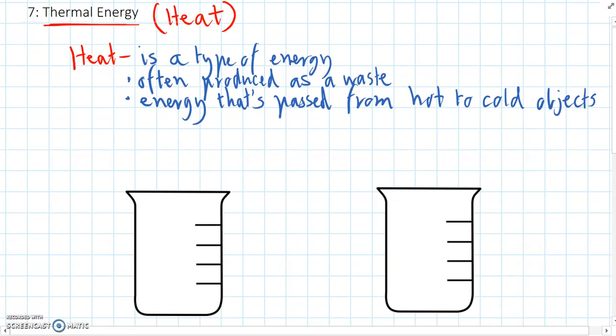But how can we actually picture what heat is? The best way to do that is to zoom down and think about the actual particles in a material. And we're going to do it here with some liquids in our beakers. So in the first beaker, we're going to have cold water, and in the second one, we'll have hot water.